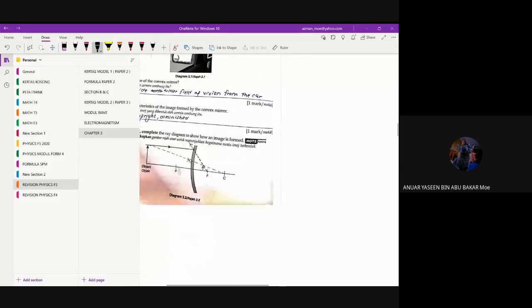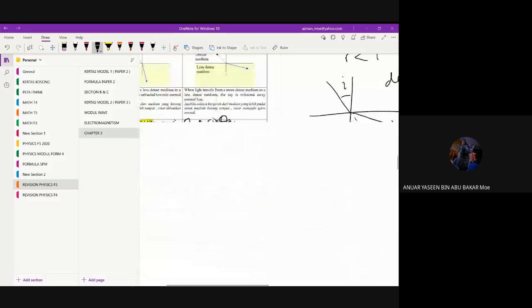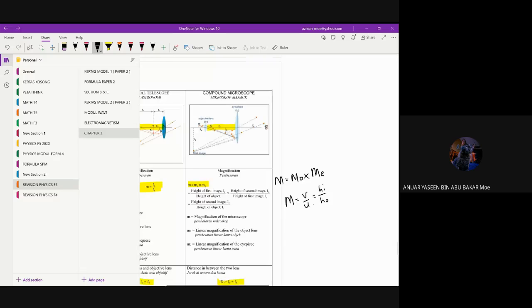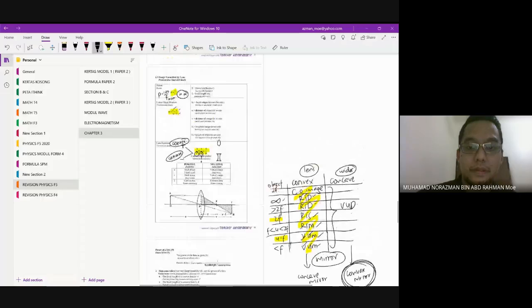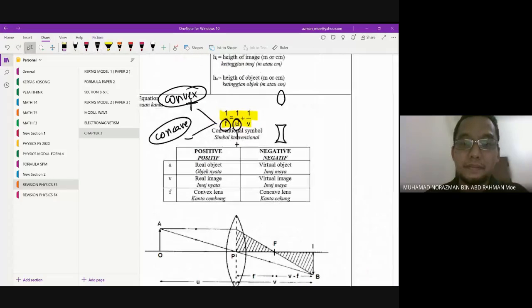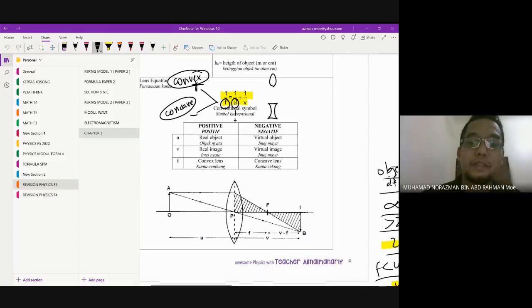Tengok balik. Okay, tu convex lens. Positif. Okay, ingat tu, convex lens positif.